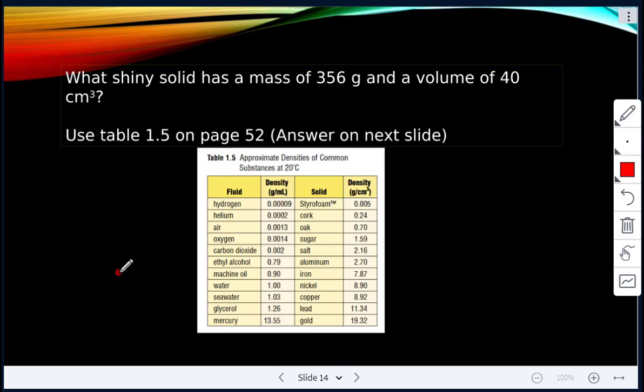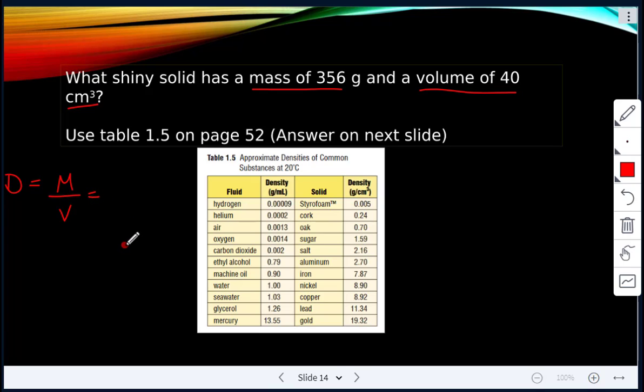Okay, so let's do this example. What shiny solid has a mass of 356 grams and a volume of 40 centimeters cubed? Here's our table. We need to figure out which shiny solid it is. We're told the mass and the volume, 40 centimeters cubed, and we know our formula for density: density is equal to mass over volume.